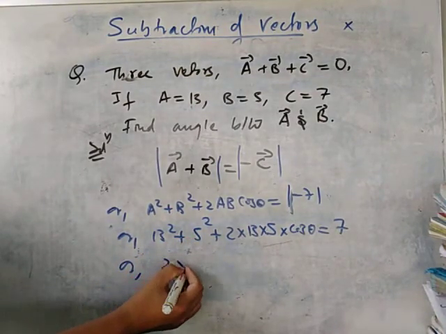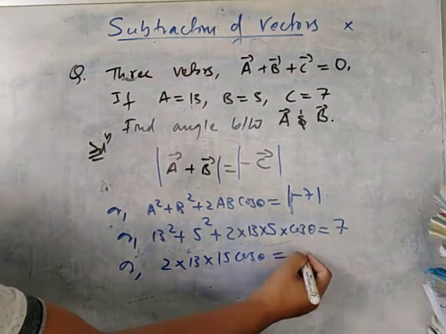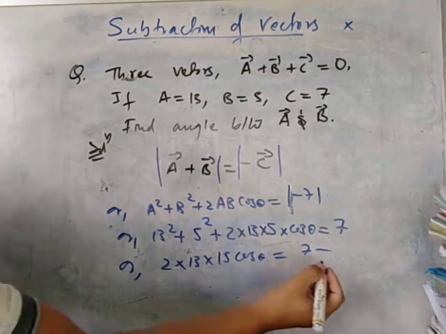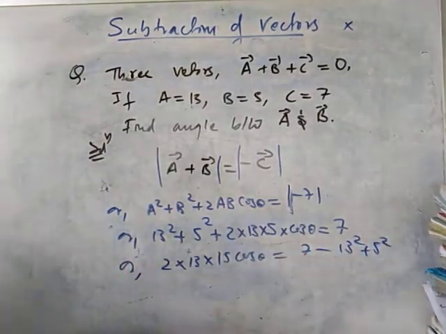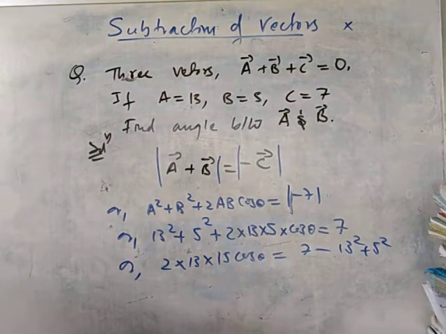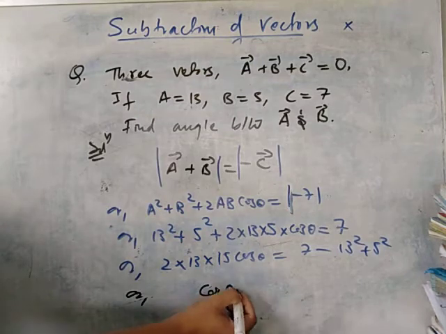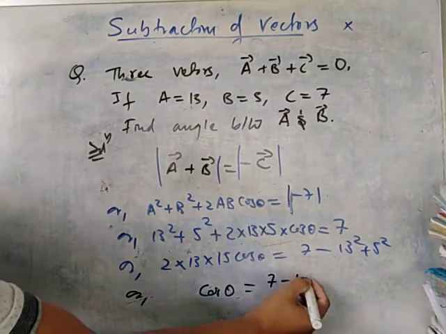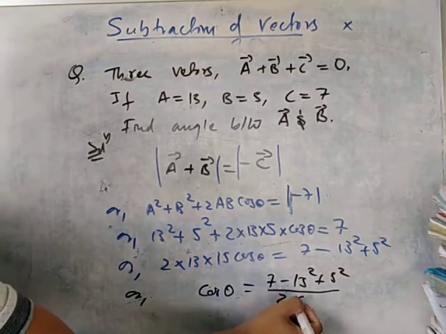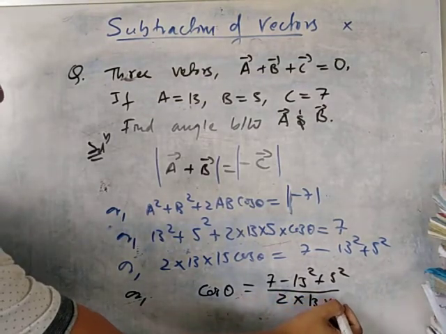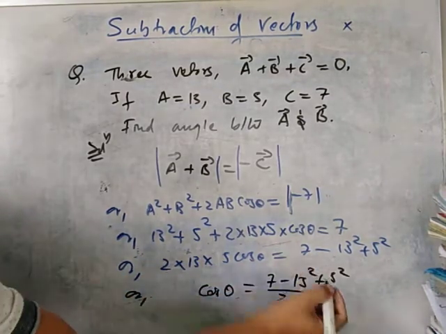This 2 into 13 into 5 cos theta stays here, on the other side 7 minus 13 square plus 5 square. Okay, so now cos theta equals to how much? 7 minus 13 square plus 5 square divided by 2 into 13 into, sorry, this is 5. Okay, B is 5, so 5.